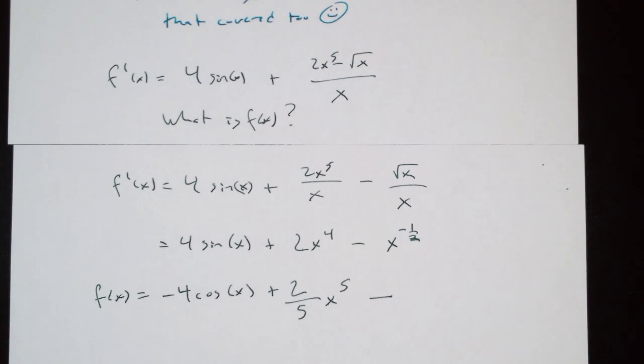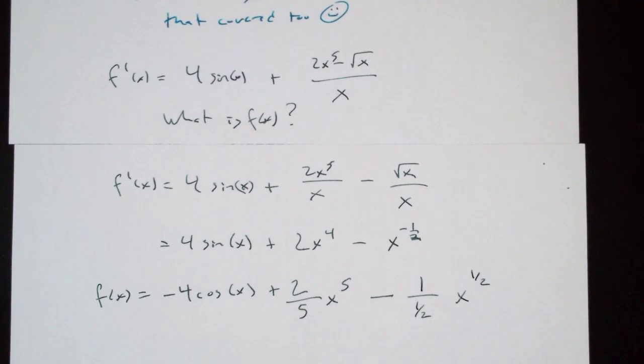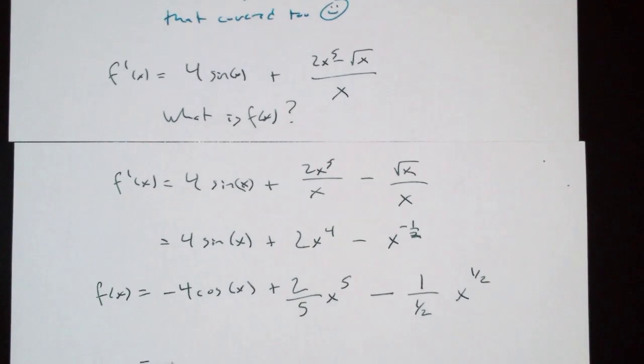That is exactly what it is. Well, what's 1 over 1/2? Rip it out of the bottom, flip it over, you get 2. And a 1/2 power is a square root. So I could write this.